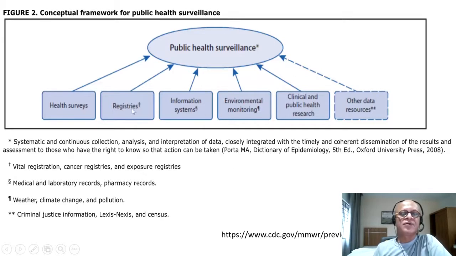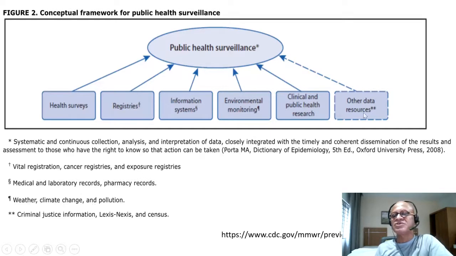And registries here mean vital registration, cancer registries, exposure registries, and so on. Information systems include medical and laboratory records, pharmacy records. Environmental monitoring is what we looked at, weather, climate change, and pollution.